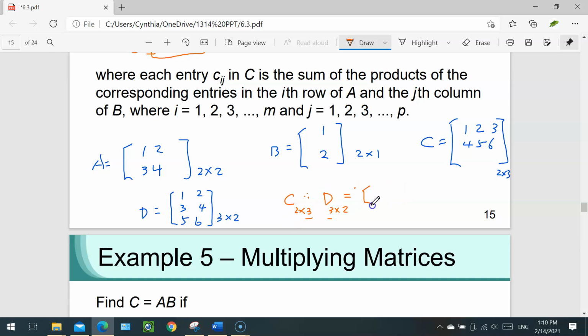The product of these two matrices would have size 2 by 2. So when multiplying two matrices, you need to consider the size, because that would be the new structure of your output matrix.